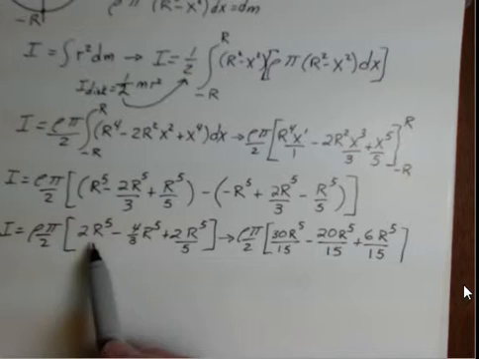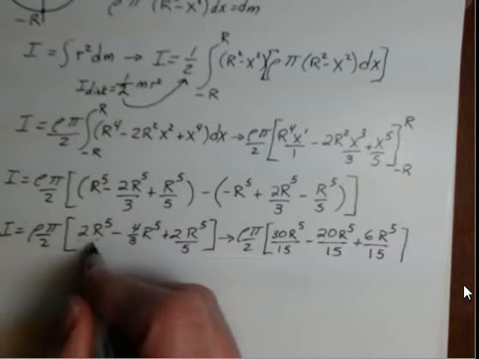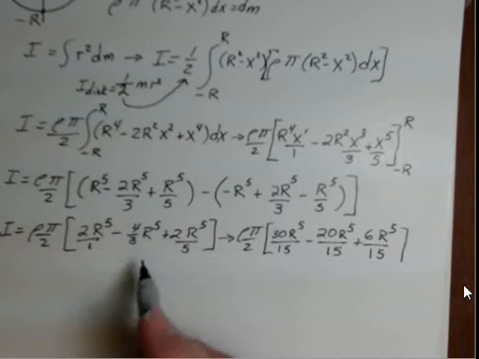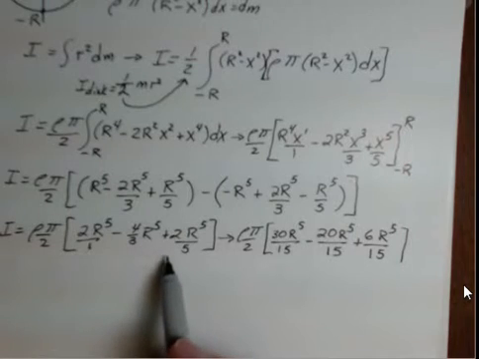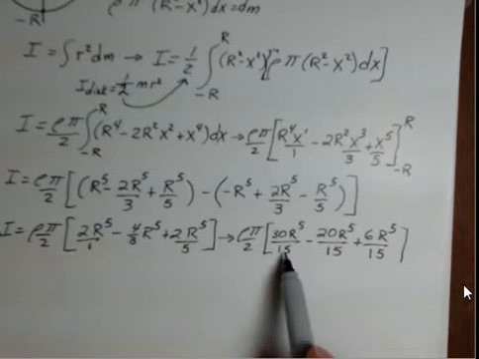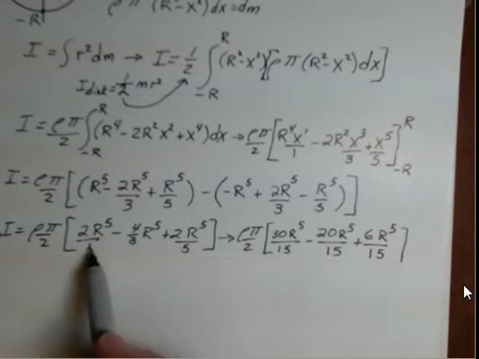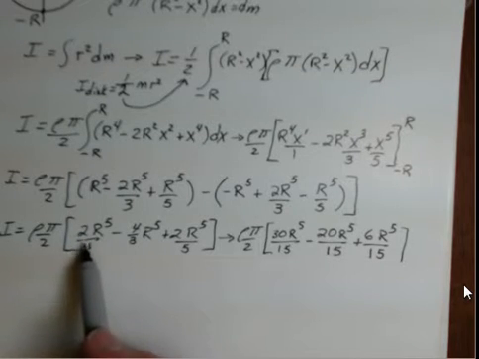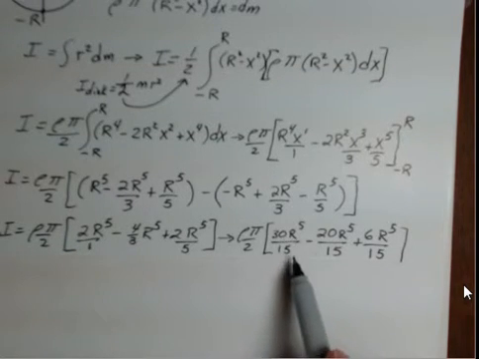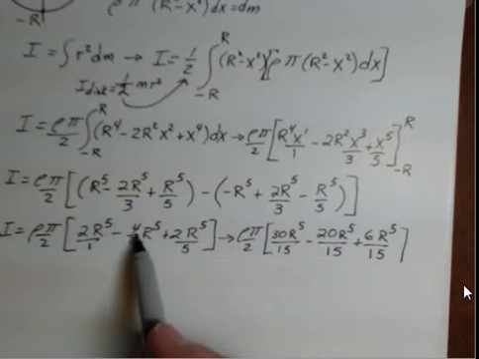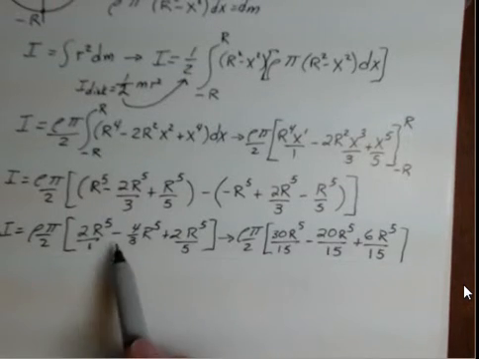We have denominators here. We've got a 1. We've got a 3. We've got a 5. The lowest common denominator is 15. So to write this first term over 15, I have to multiply and divide by 15. So I get 30 over 15. Similar here, I have to multiply by 5 on top and bottom. So I get 20 over 15. And there's a negative.